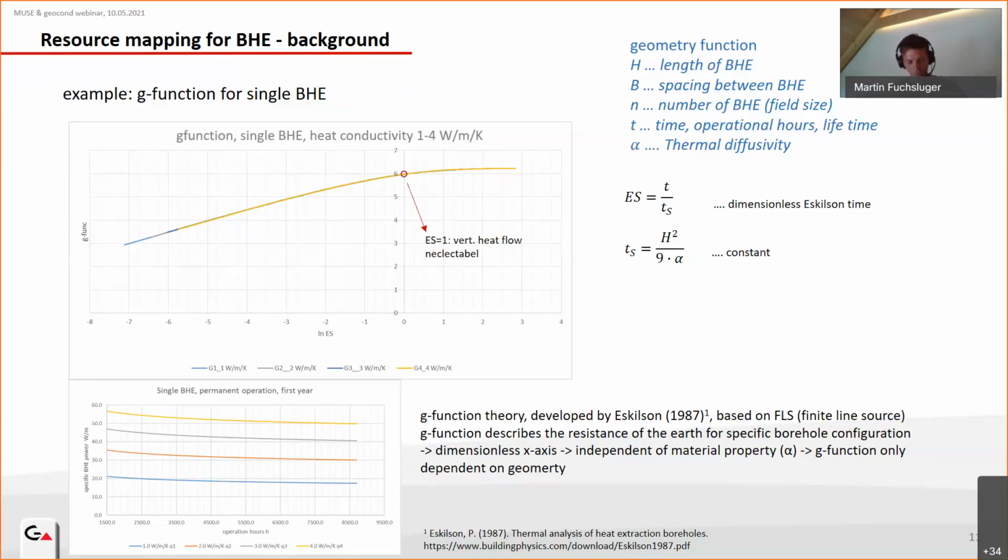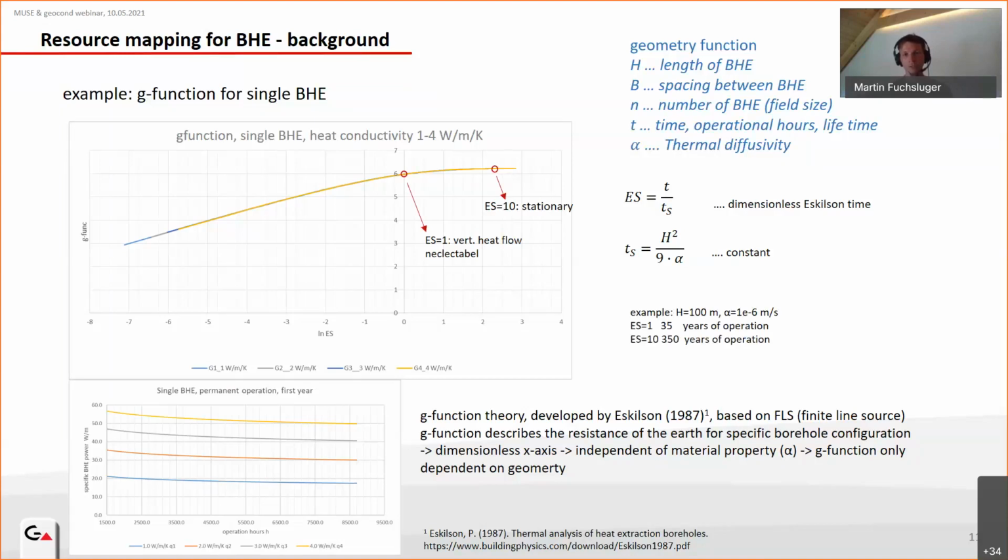One important note: Eskilson said that at Eskilson time ES1, the vertical heat flow is negligible, meaning below 7%. And when the Eskilson time gets to 10, the temperature wave gets stationary. That means it doesn't change anymore.